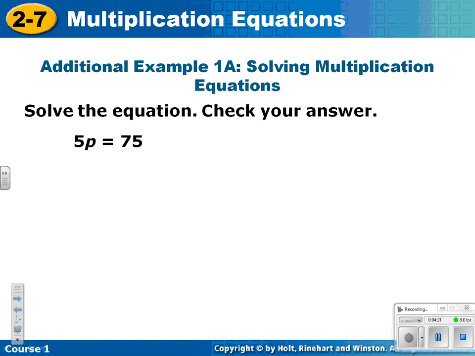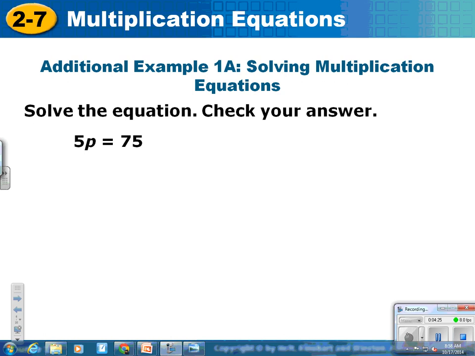On your whiteboards, I want you to show me how to do this. In this problem, what's happening to P, Ian? Multiplied by 5. What's the exact opposite of multiplied by 5? Divide by 5. Okay? So we divide this side by 5. Rule number 2 of algebra, got to do it to both sides.